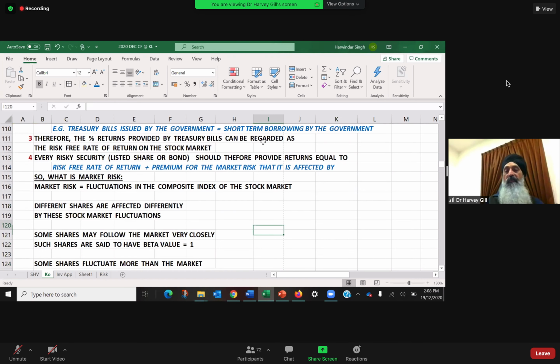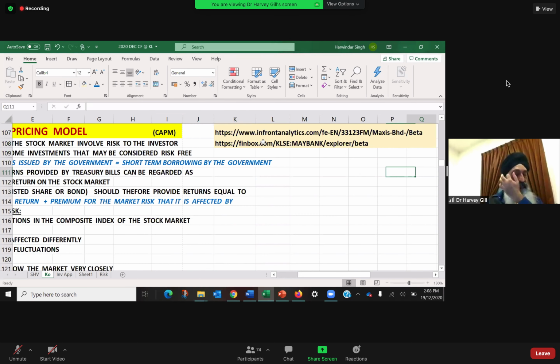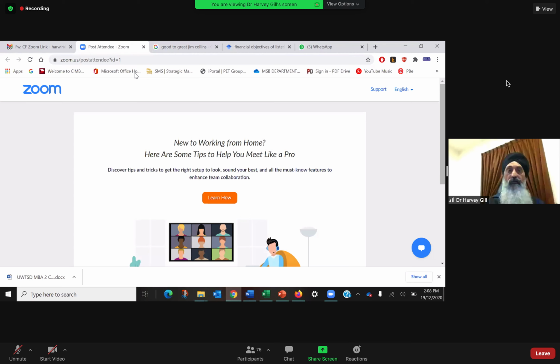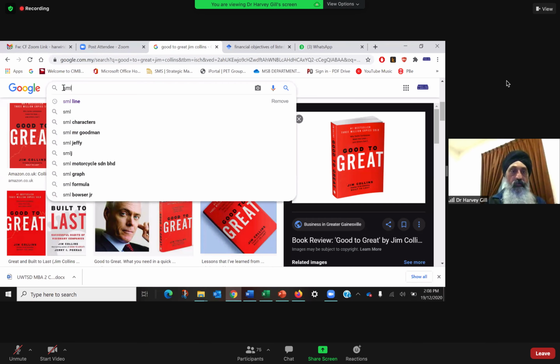And this securities market line then becomes a formula for us to find the KE, the required KE. Yeah, maybe we can look at the securities market line here. I have put here some links to where you can go and find beta values. Let me show you a graphic of the SML line.